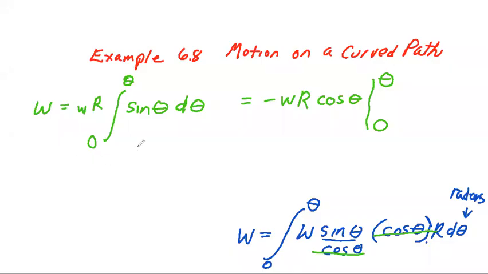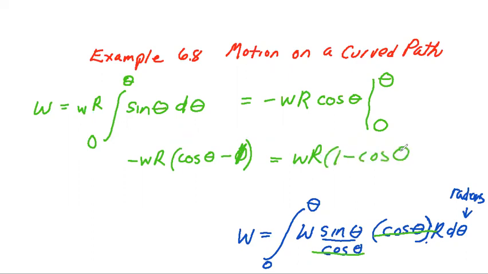And then we've got negative weight times the radius of cos theta minus 0, because that's what the lower limit gives. Oh, sorry, this is 1. Cos of 0 is 1. My bad. So we rearrange this to be WR times 1 minus cos theta. And that's your work.